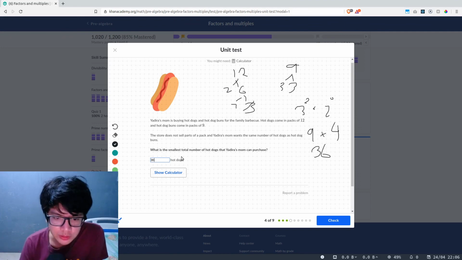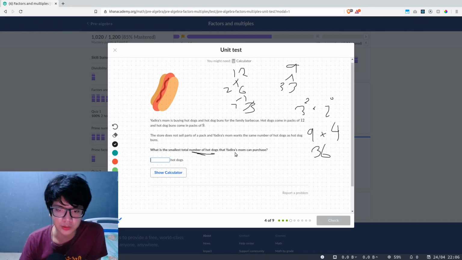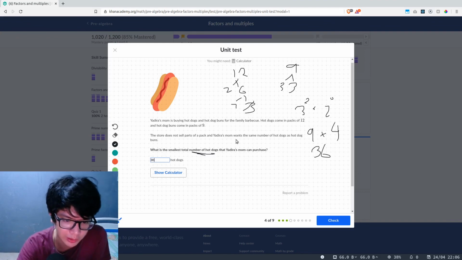But I'm not sure. What's the most number of hot dogs? It's actually the hot dogs. It is not the LCM. This should be the hot dogs only. What is the total number of hot dogs that Yadir's mom can purchase? Number of hot dogs. Oh, this is not in packs, so it's going to be hot dogs still.